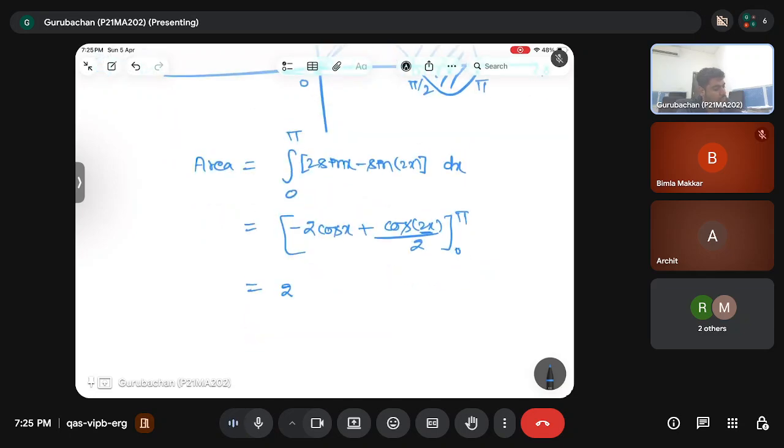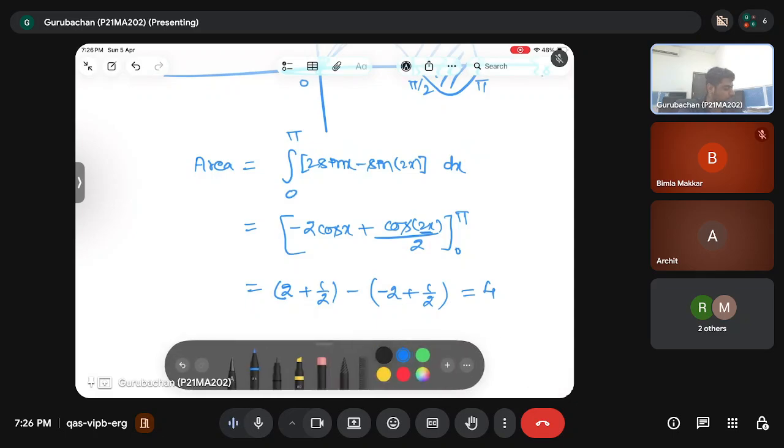So cos pi is minus 1, cos 2 pi is 1, whereas cos 0 is 1, and again cos 0 is 1. So this half will cancel out and you are left with the 4. I think it's not that much difficult.